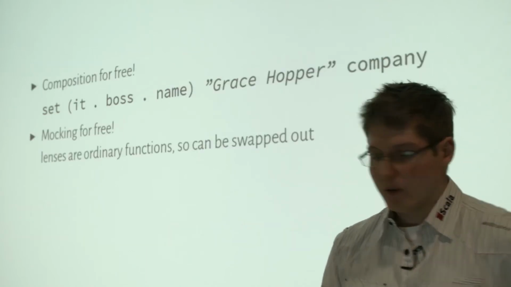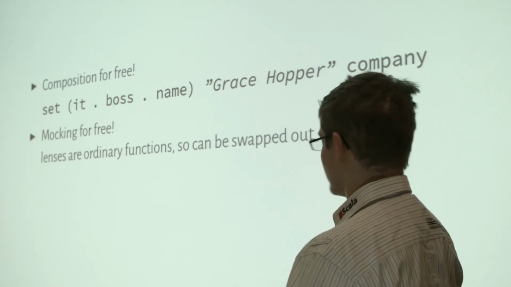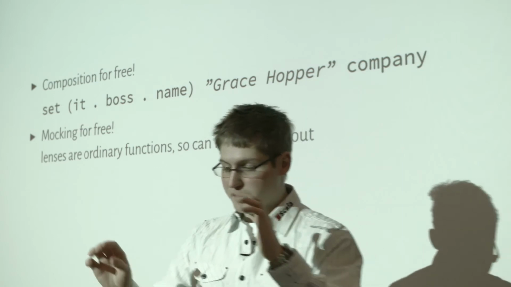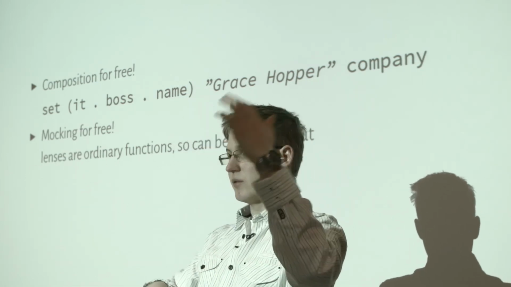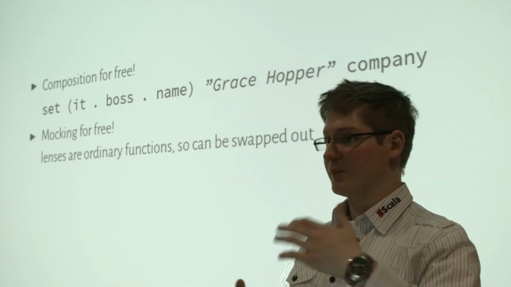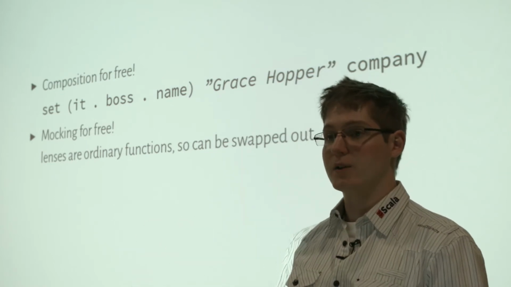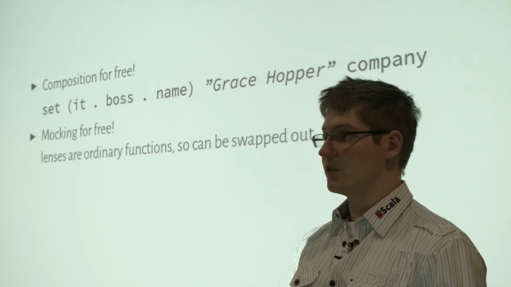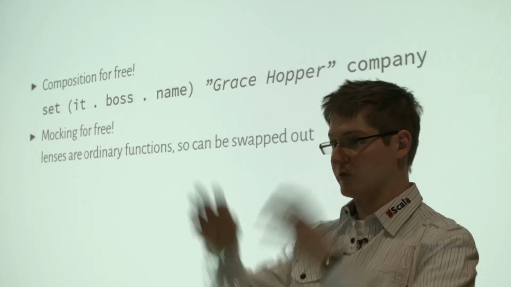Yeah, and also you get mocking for free, back to topic, because lenses are ordinary functions, so you can swap them out. Let's say you're dealing with a module which gives you all these data types for companies, and then in the next version you decide you want an additional layer of abstraction. For example, departments are organized in department groups, and now you have old code which looks at the IT department, and you would need to update that code because the IT department is now in the infrastructure group or whatever.